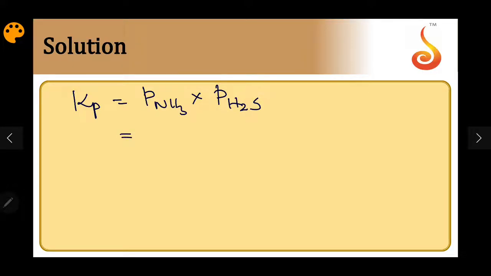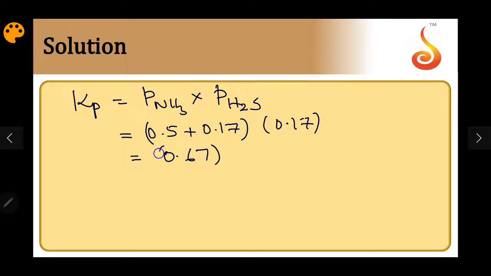The partial pressure of NH3 is 0.5 plus x, that is 0.67, and H2S is 0.17. So it's going to be 0.67 into 0.17. If you multiply, this comes to 0.1139. So that's the value of Kp.